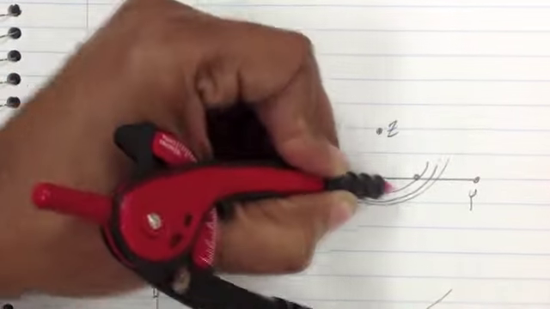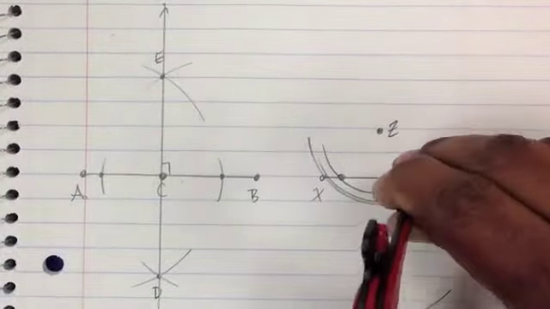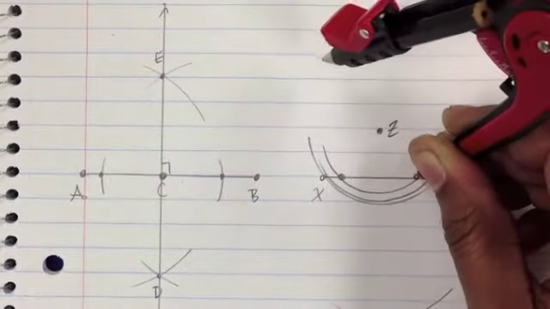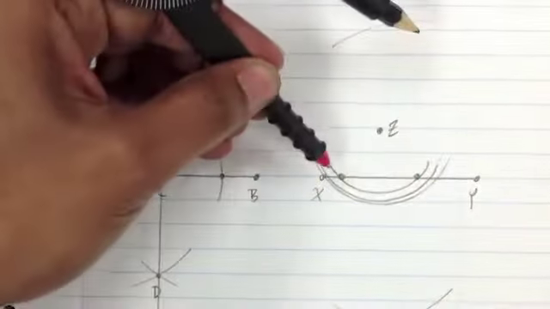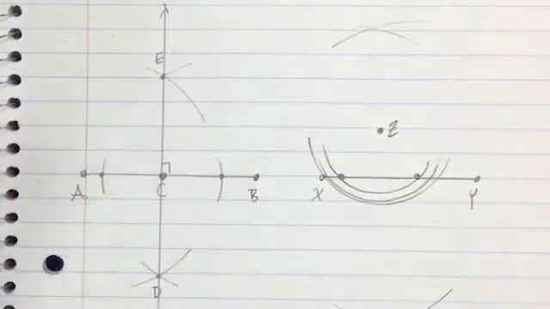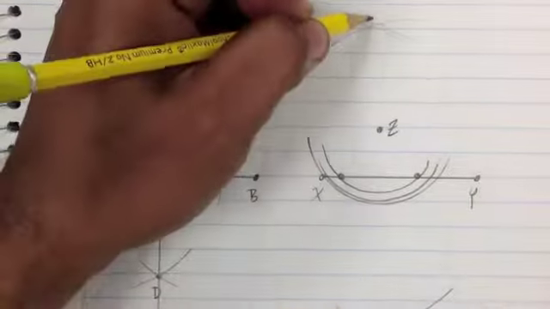I do the same thing here. Again, I can do that from the bottom or from the top. Move it to the other side, and the same thing. And again, the intersections of the 2 arcs.